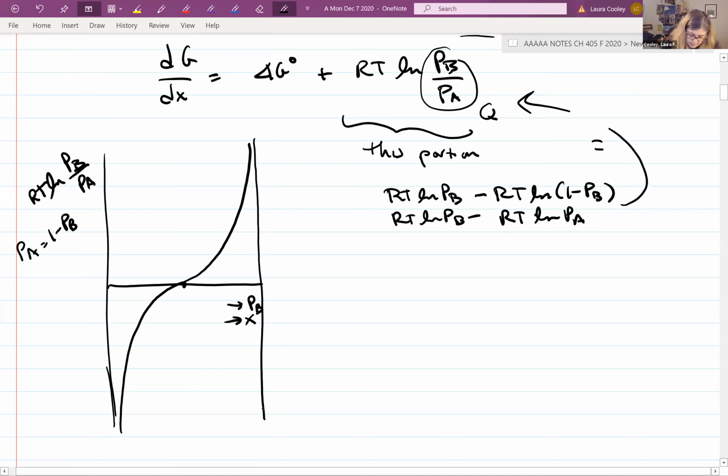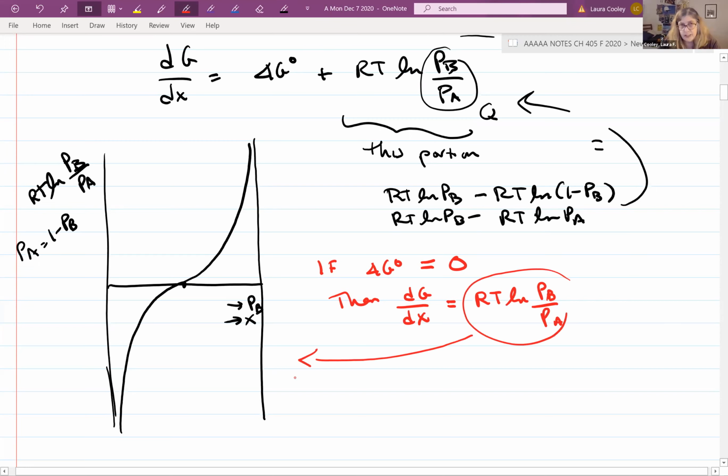And if you look at this equation up here, you see that if the delta G0 for the reaction happens to equal 0, then this slope of the G versus X will actually equal RT log PB over PA, which is this thing that is plotted over here.